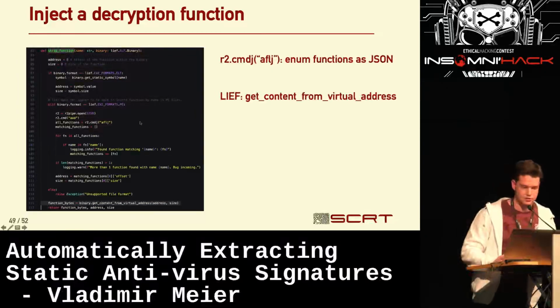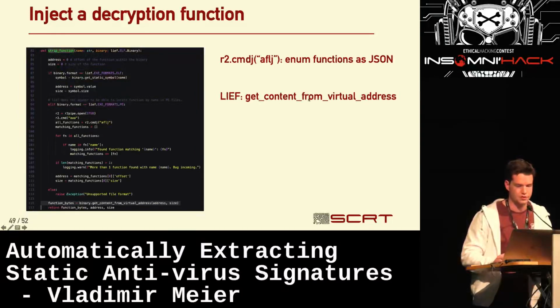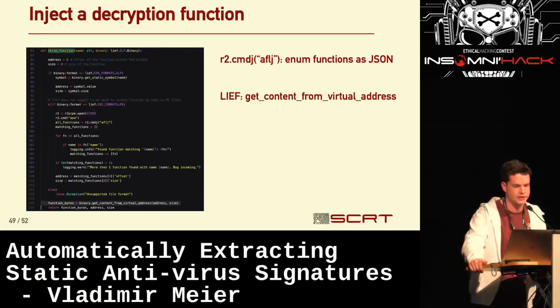And here I just wanted to show you again how easy it is to do that. Because LIEF offers a function called get_content_from_virtual_address, which expects an address and a size. And both of which can be recovered with Radare2 and the aflj command, which allows you to enumerate functions and get some things about the functions.